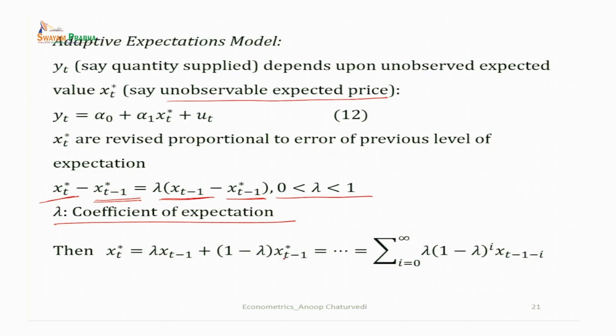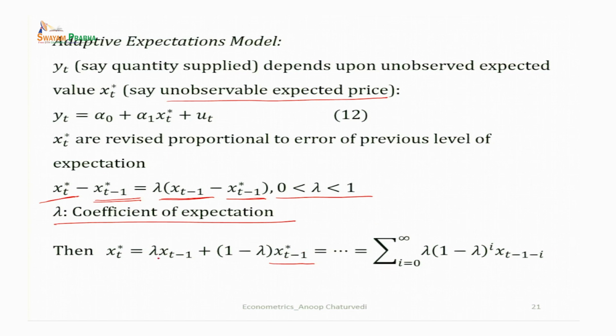So, you get (1 minus lambda) x_{t-1}*, and then we proceed further and finally, we obtain summation i equal to 0 to infinity lambda (1 minus lambda)^i x_{t-1-i}. Again we substitute the value of x_{t-1}* in terms of x_{t-2}* and so on. So, finally, you obtain this value.